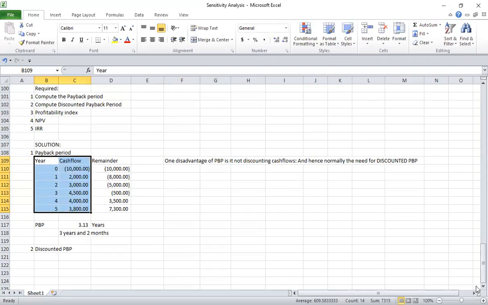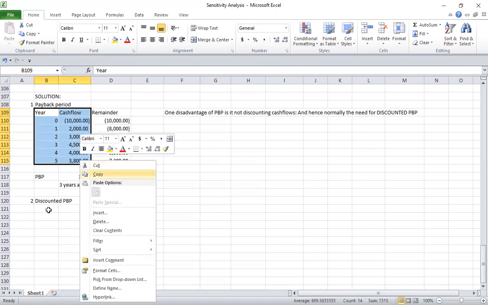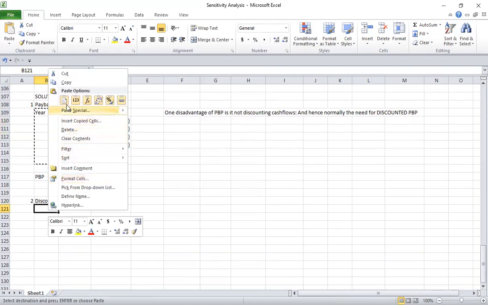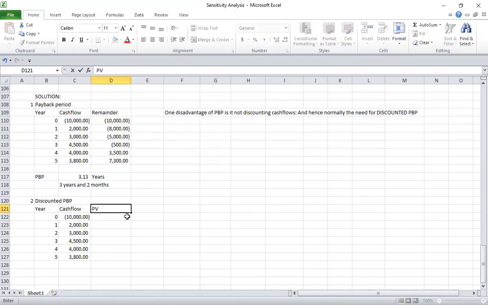So what we'll do is to again copy that original info, and then we have to discount and get the present values. What are the discounted cash flows for our cash flows? So let's get the present values.